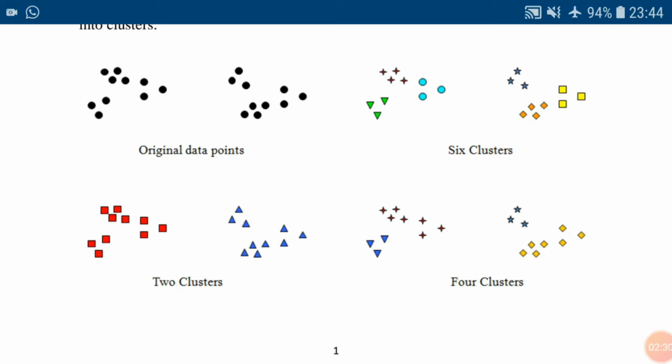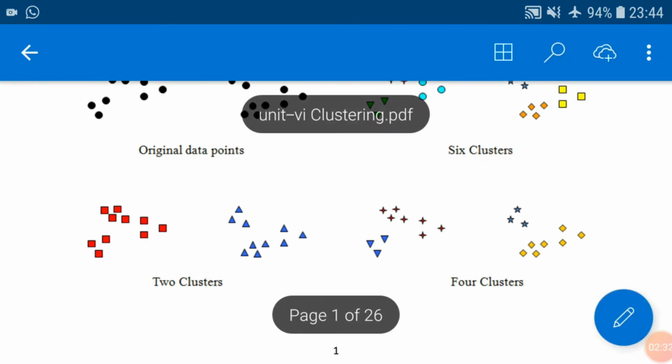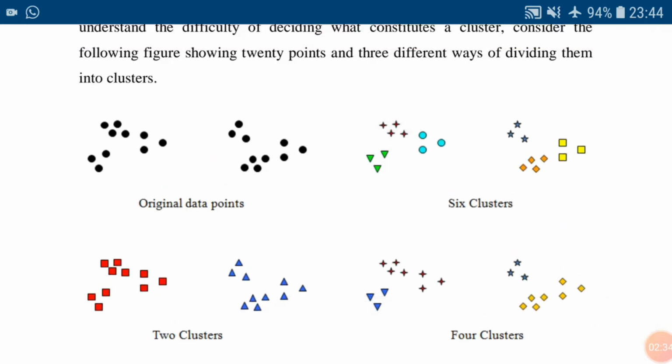So in each and every cluster, the data elements are similar within the cluster, and those data elements are dissimilar to elements within the other cluster. So for example, in cluster 2 we are having plus symbols.